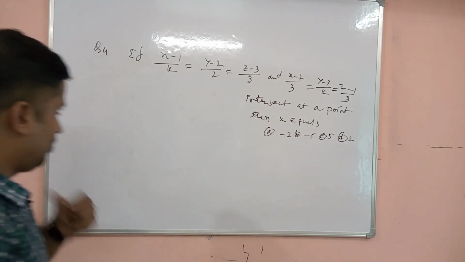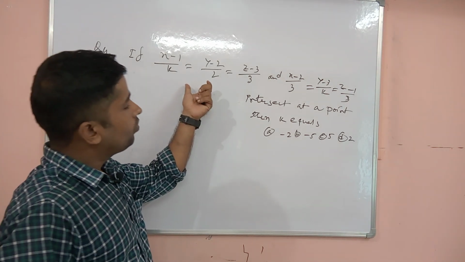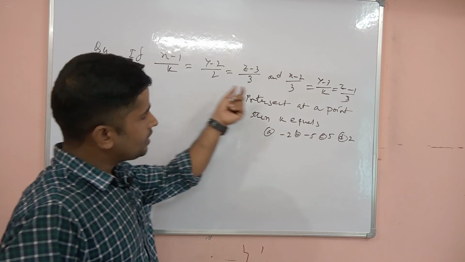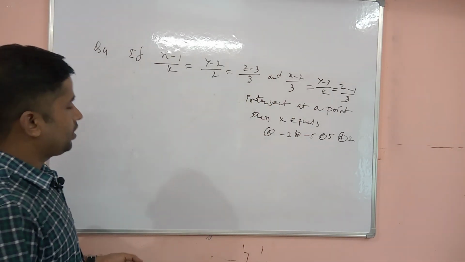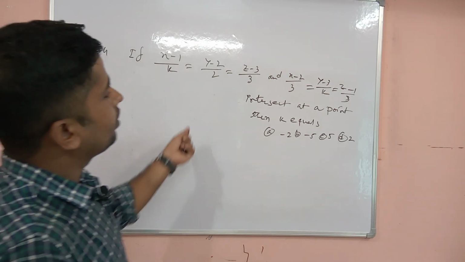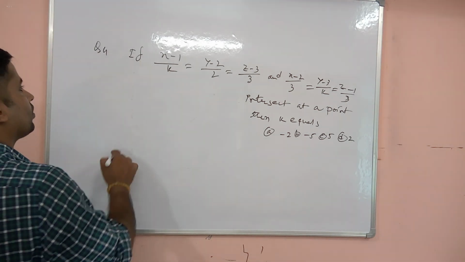Okay. So there are two equations of two straight lines, these and these. As they intersect at a particular point, the shortest distance between them would be 0.